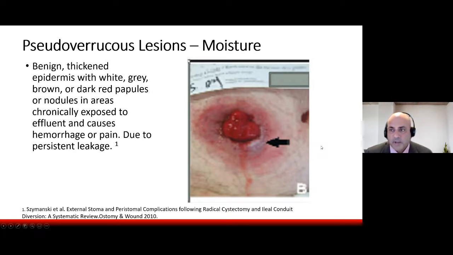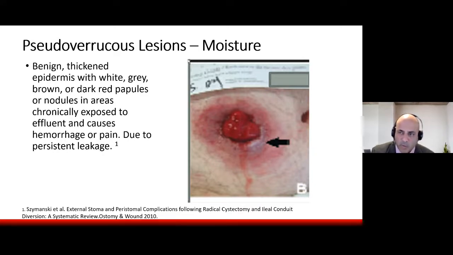Some types of skin damage can happen when the skin is chronically exposed to moisture, such as fecal matter or urinary output, such as urine. Typically, if someone has intact skin and starts to have leakage problems onto the skin, what we'll see is minor skin irritation.